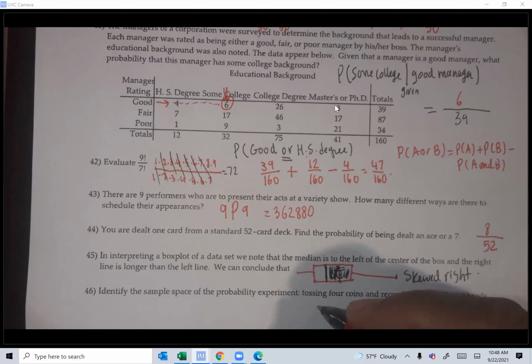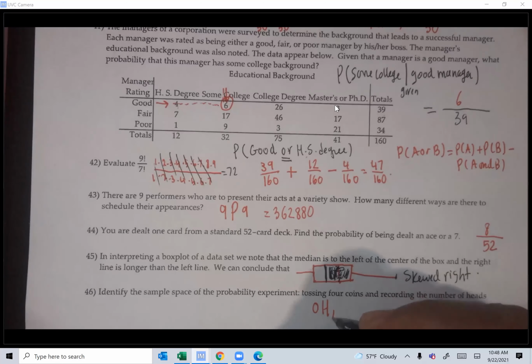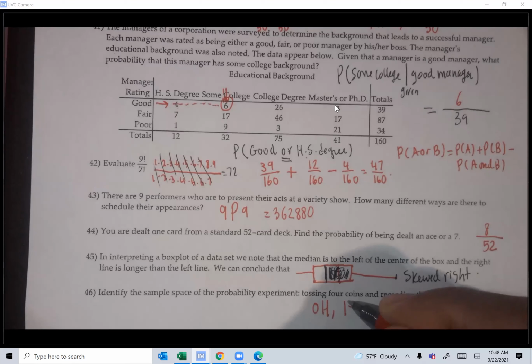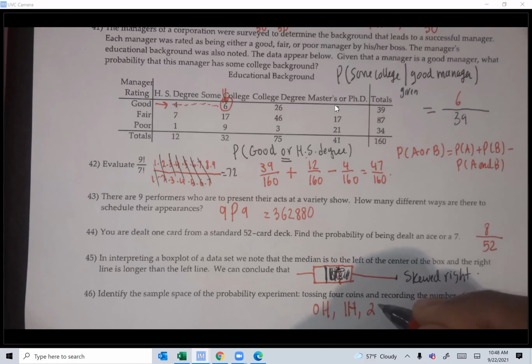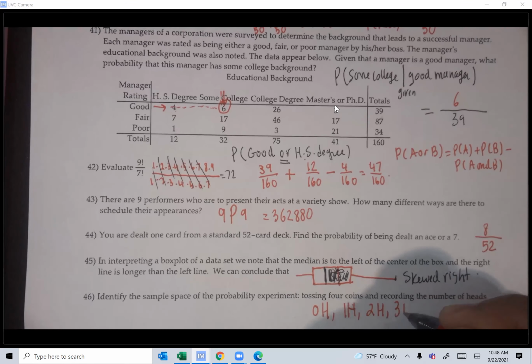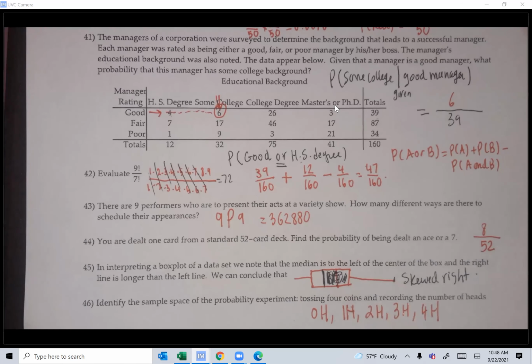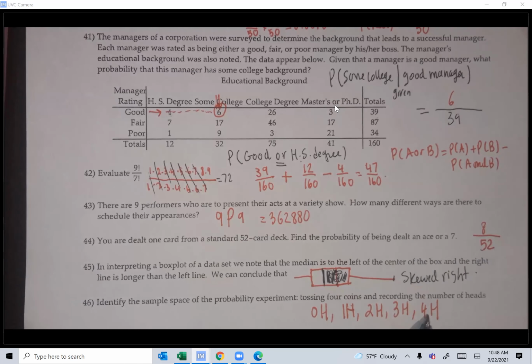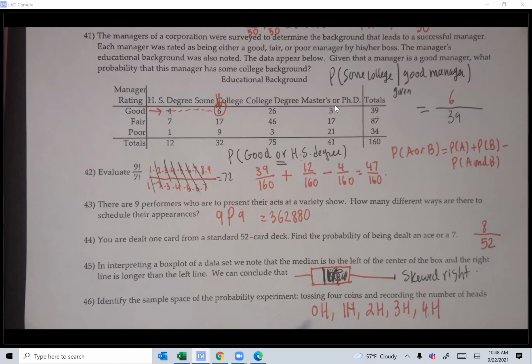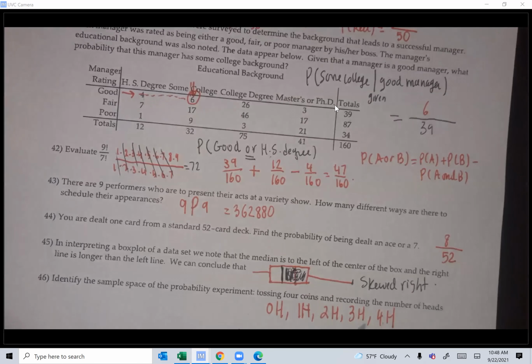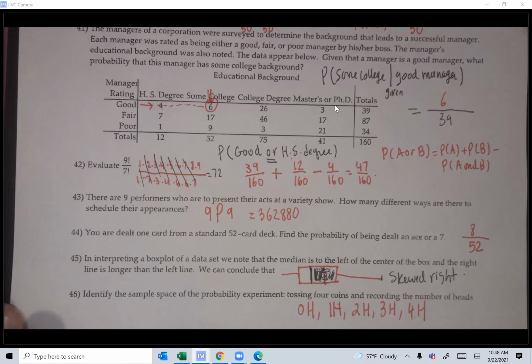Yes. So it could be 0 heads, it could be 1 head, it could be 2 heads, it could be 3 heads, it could be 4 heads. It's unlikely that you see 4 heads at the same time. The probability is going to be low, and it's unlikely to see 4 tails. This is probably more likely to happen than the first one.